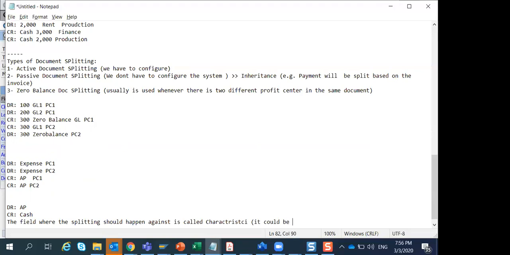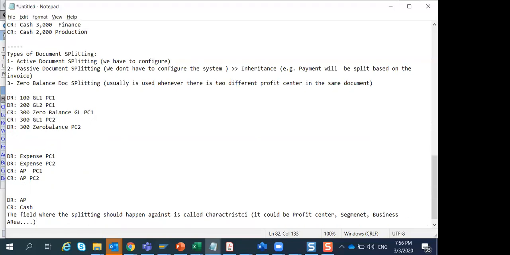It could be profit center, it could be segment, business area, it could be anything. But in practice we use segment, profit center, and functional area. So these are like entities inside the system. Does it make sense?